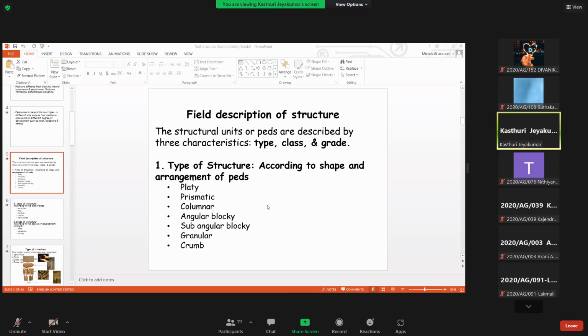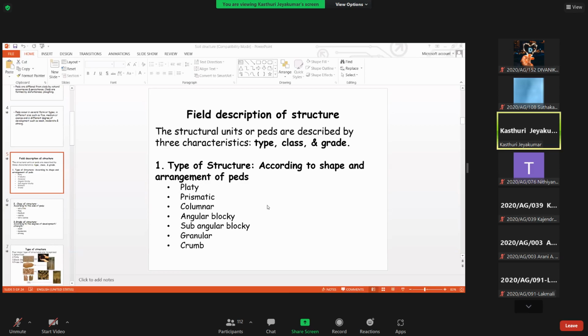So, you have to remember each word and definition. Prismatic and columnar come under prism-like. Major group is prism-like, subgroups prismatic and columnar. Platy is one major group. Angular blocky and subangular blocky come under block-like type.